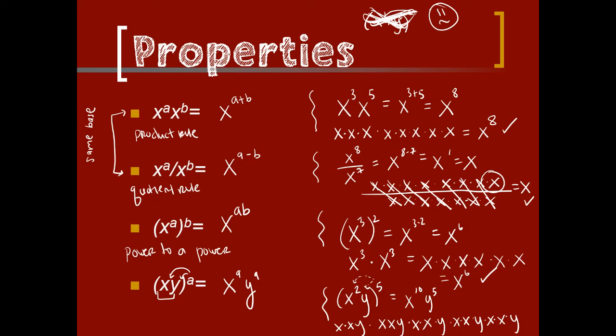Pay attention to how many x's you have: 1, 2, 3, 4, 5, 6, 7, 8, 9. Oh my goodness, I have 10. For y, I have 1, 2, 3, 4, 5. So that's why it works the way it does. These rules are always things that you can come up with as you're working as well.